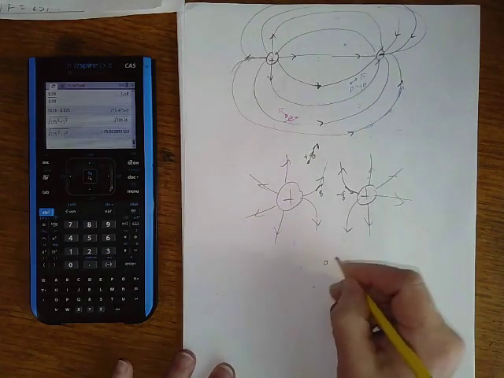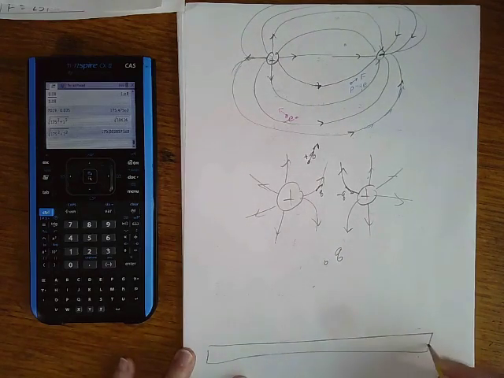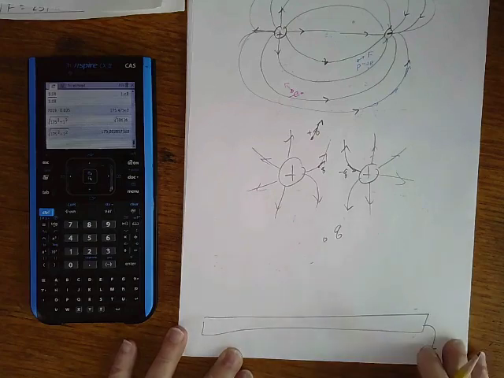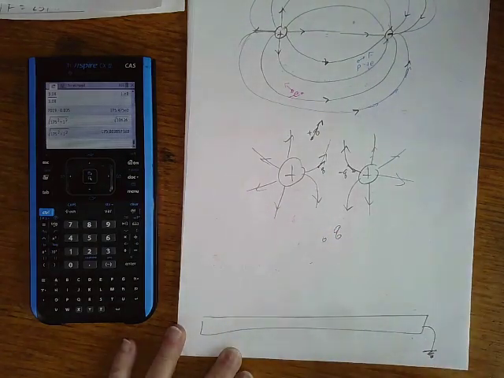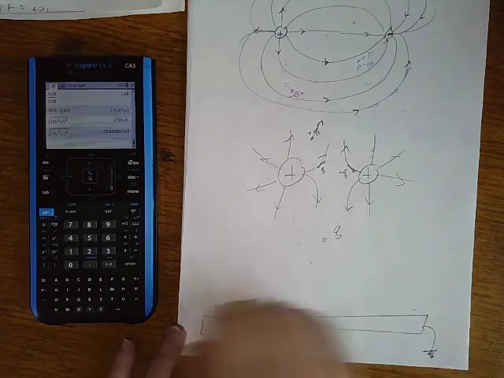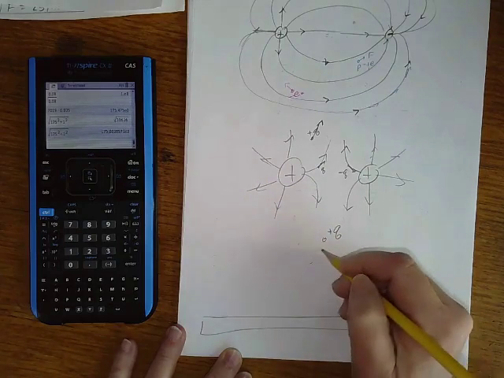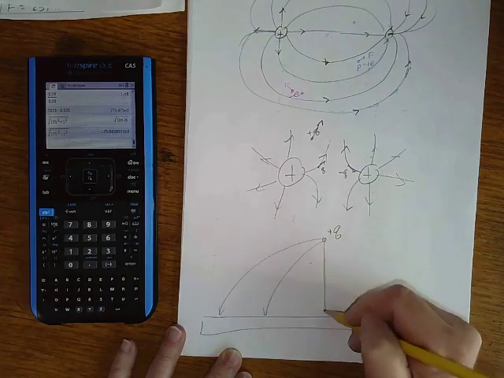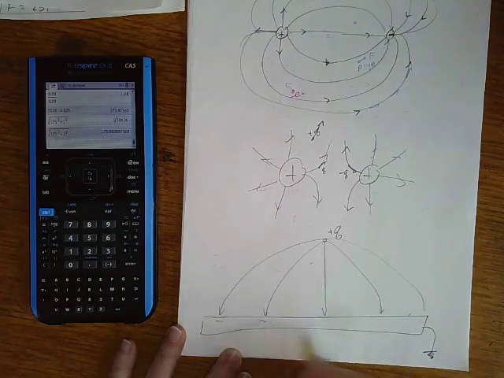Okay, what if we had some sort of thing set up like this? We have a charge up here, and we have a conductor that's grounded. Something like that. This is grounded, so it can draw in electrons or get rid of electrons however it wants to. This is a positive charge, and so the lines come out of this and will be drawn down like so.